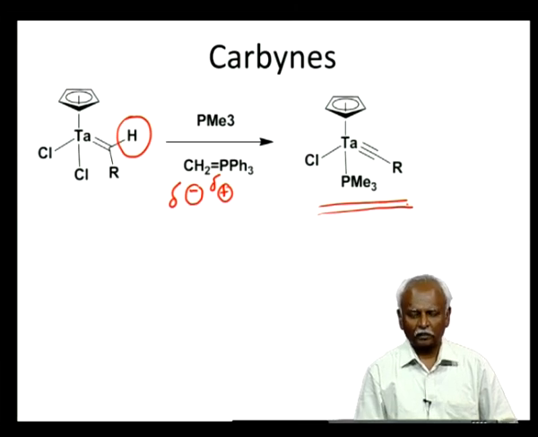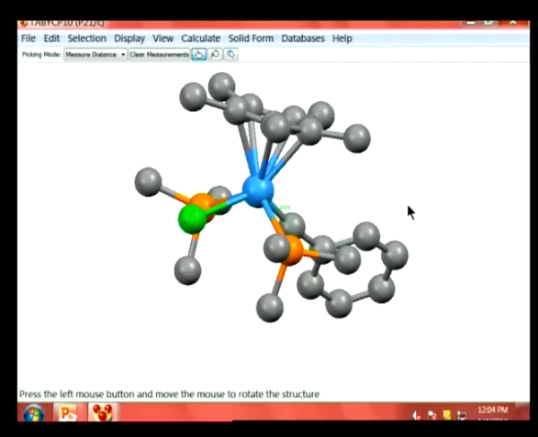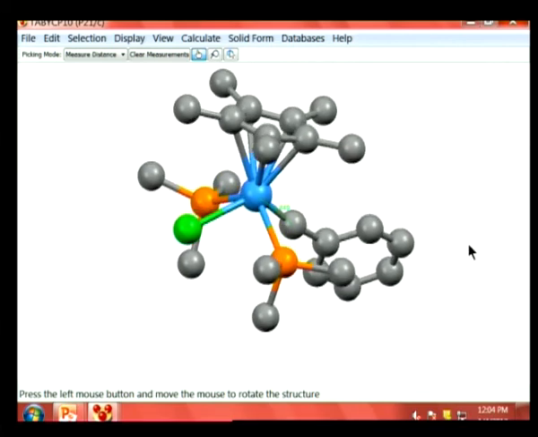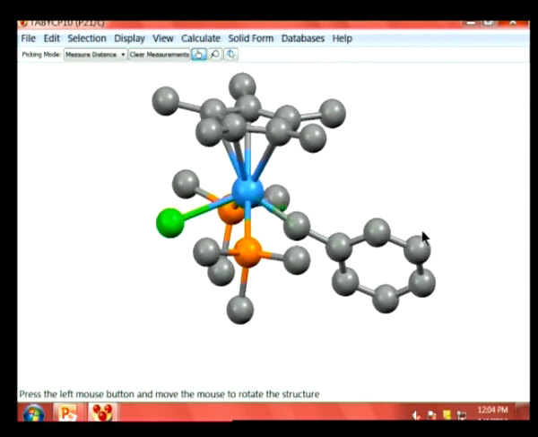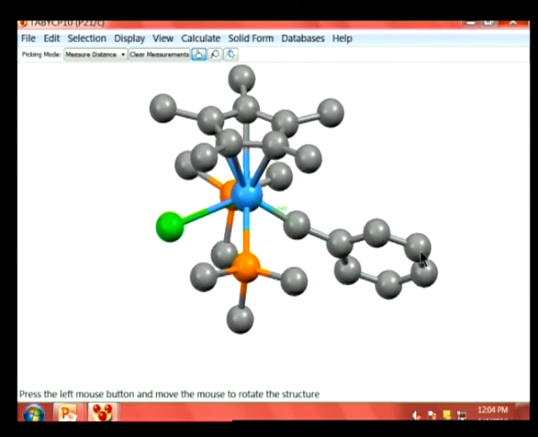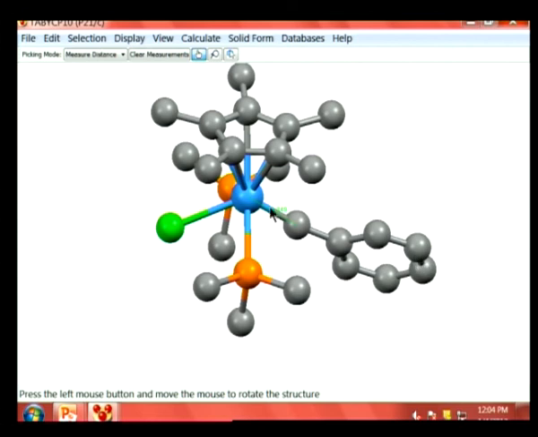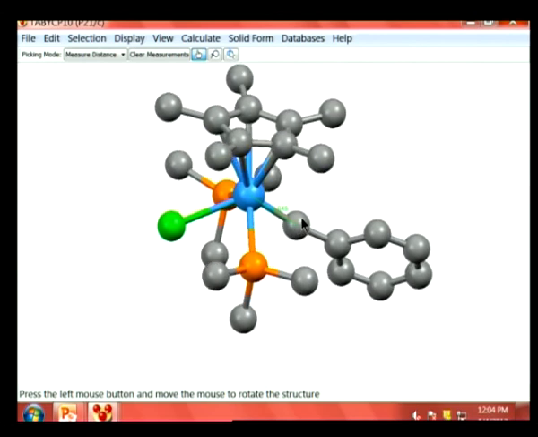Now, let us take a look at these molecules, and once again let me show you this molecule which is pictured here. This is a tantalum Carbyne complex, in which you have the carbon at a very short distance of 1.849 angstroms, and so this is a distance which is assumed to be a triple bond.